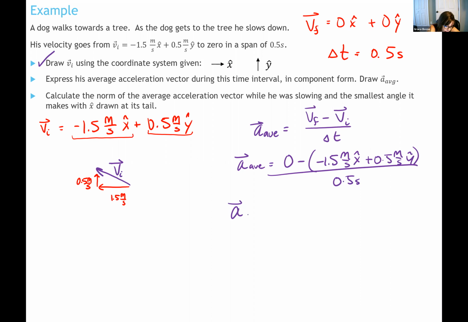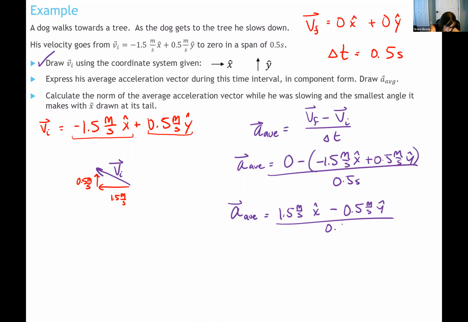And so I get that the average acceleration is 0 minus negative 1.5, so that is positive 1.5 meters per second x hat, and then 0 minus 0.5, so that one's going to get a negative 0.5 meters per second y hat.